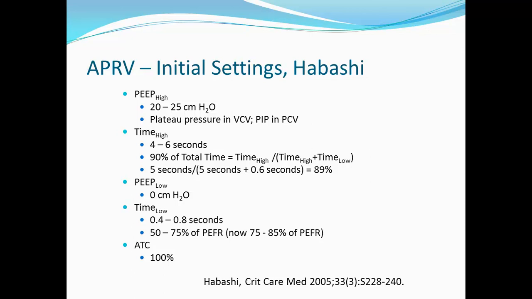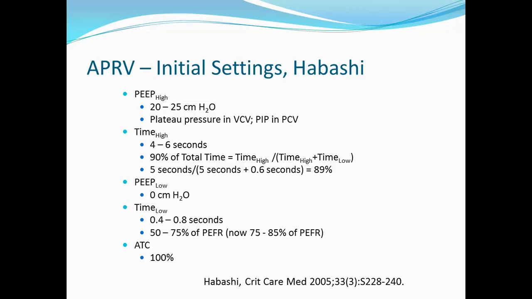If the patient was previously ventilating in volume targeted ventilation, then you can set the P high equal to the plateau pressure, or if the patient was being ventilated in pressure control ventilation, some people will set the P high equal to the PIP in pressure control ventilation.